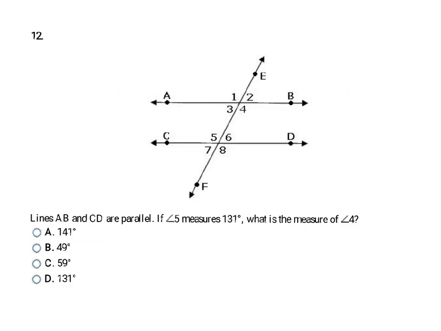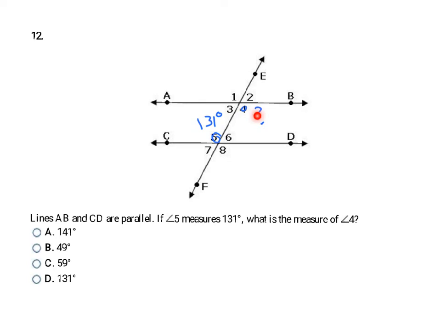In this problem, they tell us that lines AB and CD are parallel. And they also tell us that the measure of angle 5 is 131 degrees. And it wants to know what is the measure of angle 4. Well, I can look and see that angle 5 and angle 4 are both on the interior of the parallel lines, but they're on opposite sides of the transversal.